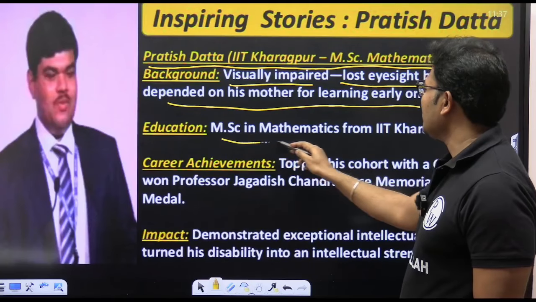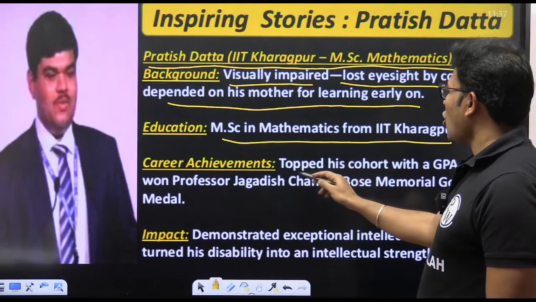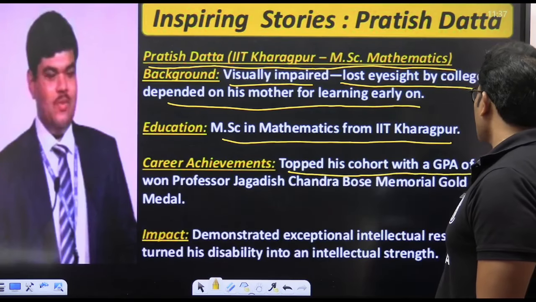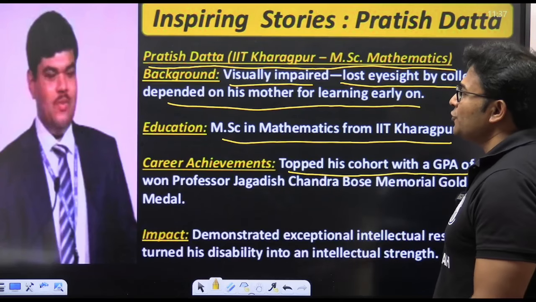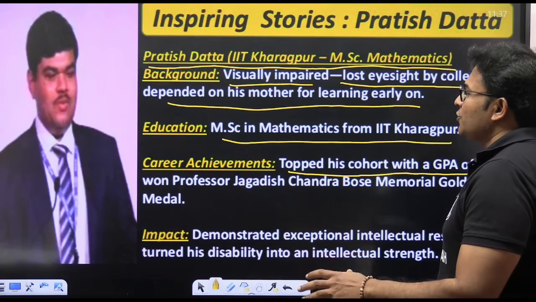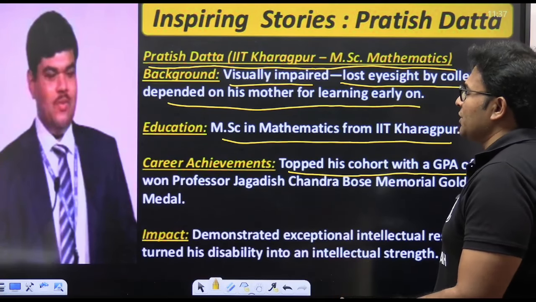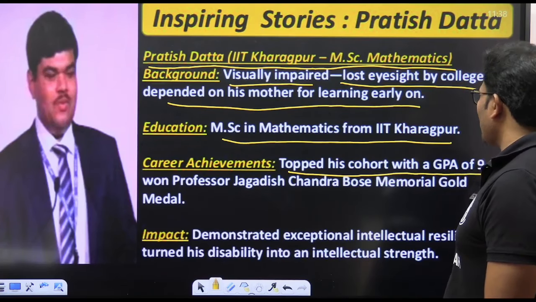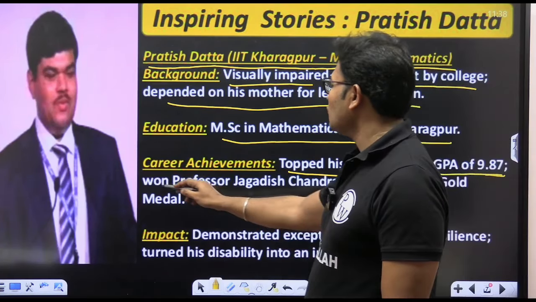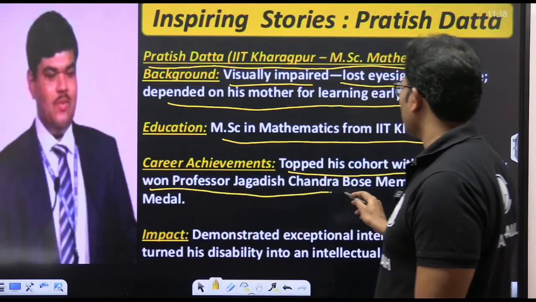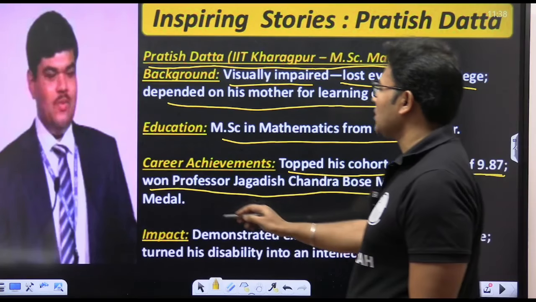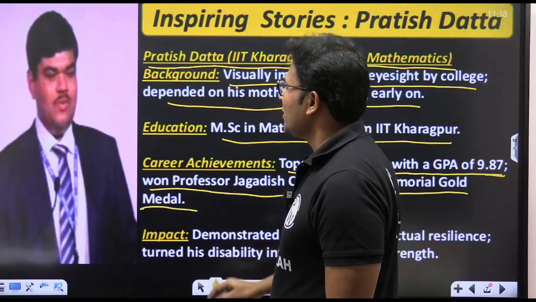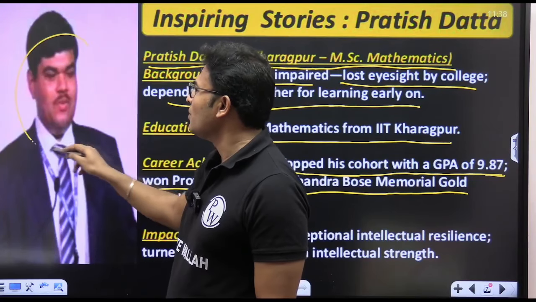He did his MSc in Mathematics from IIT Kharagpur and topped his cohort with a CGPA of 9.87, and he won the Professor Jagadish Chandra Bose Memorial Gold Medal. He's a gold medalist, right?